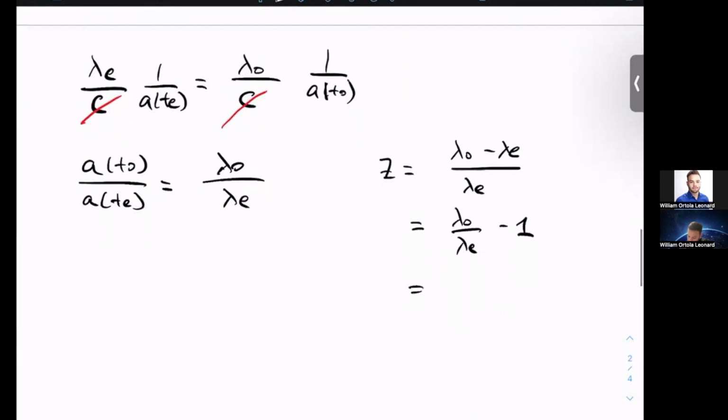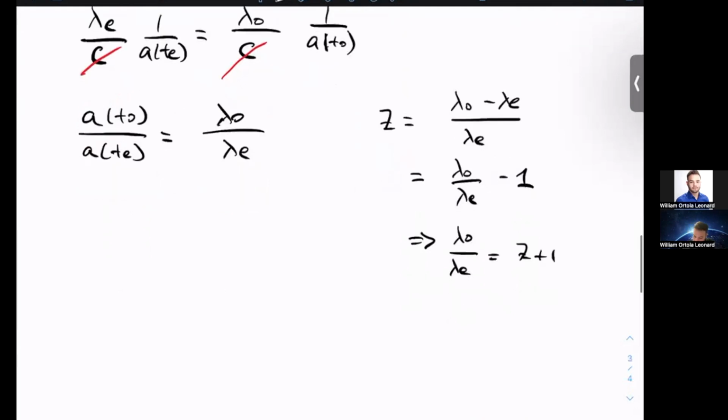This means that the ratio of lambda observed over lambda emitted is going to be z plus 1. And what we're going to finally get is the relationship between the scale factor and the redshift, which is a at time observed divided by a at time emitted equals z plus 1.